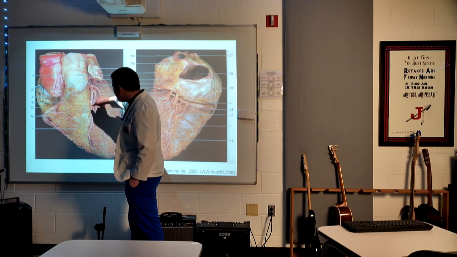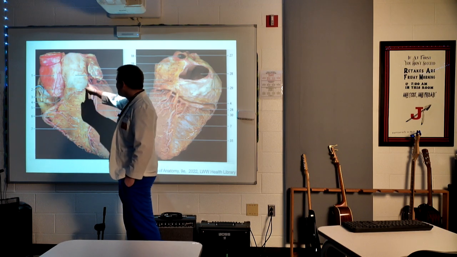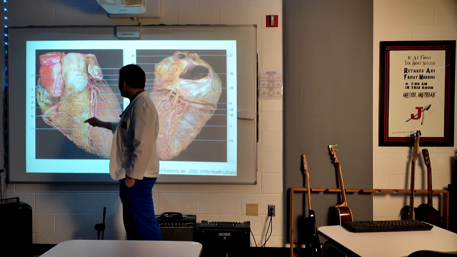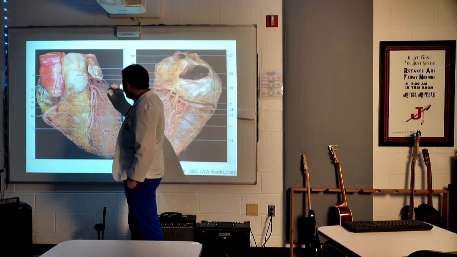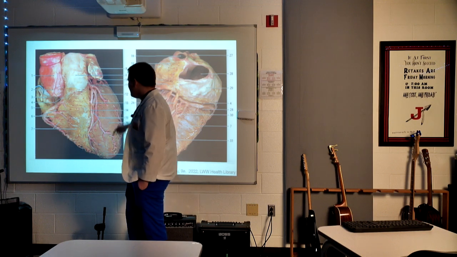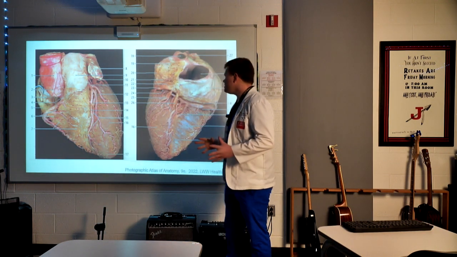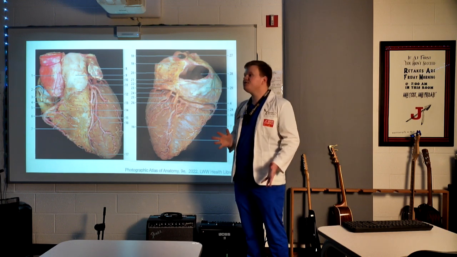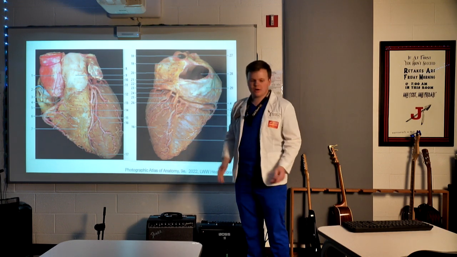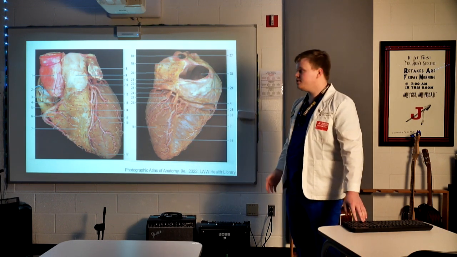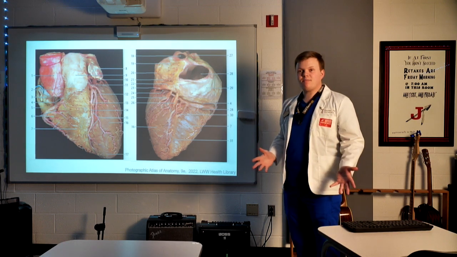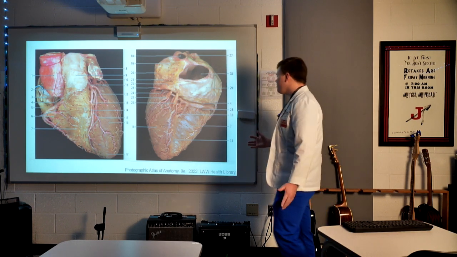Here we have our left anterior descending coming off of our left coronary, and we would have our circumflex branch going off to the side here. And I'm pointing out these directions because that'll be very important whenever we think about our EKG changes. That's mainly what we're going to look at today, how those EKG changes and things like that reflect what's happening with the heart as opposed to the anatomy itself.